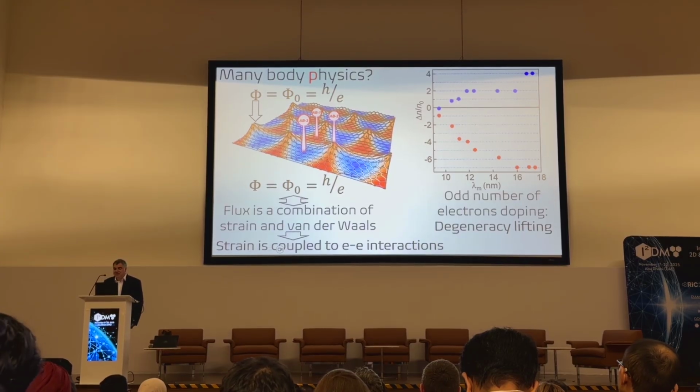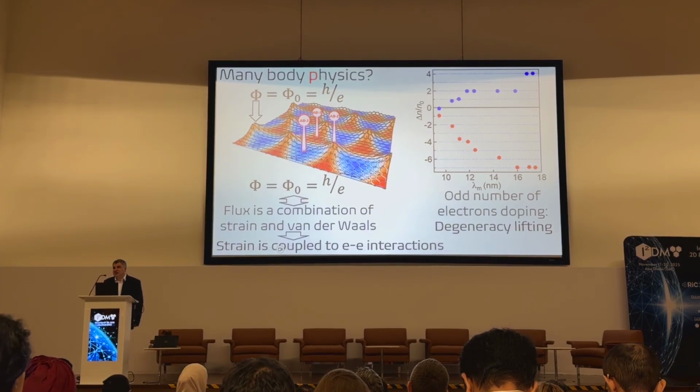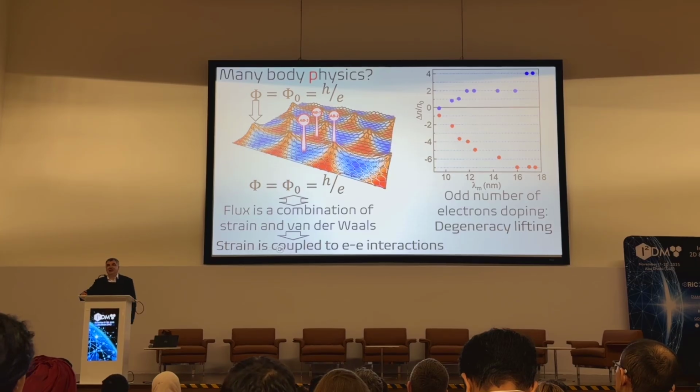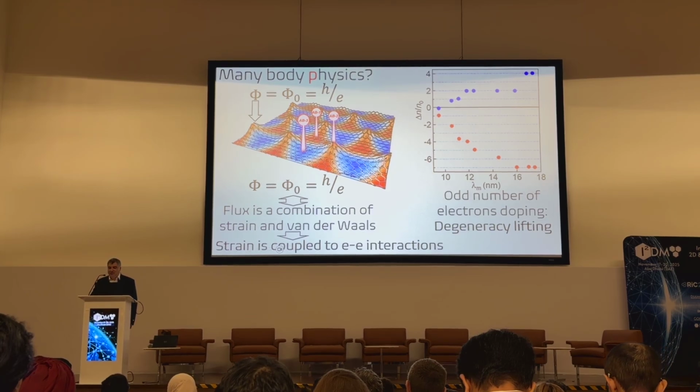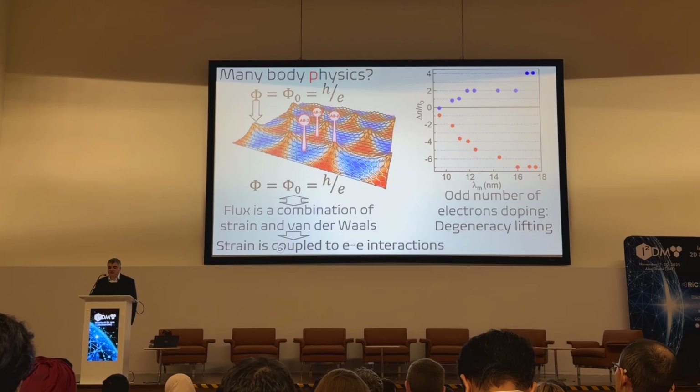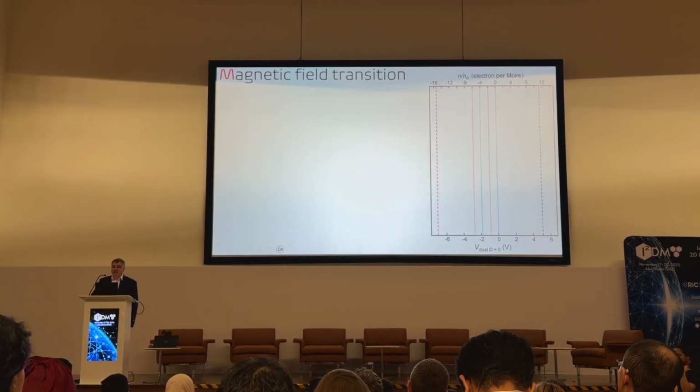But sometimes we see quite robustly an odd number of electrons. That's something which we don't understand, but that's probably another level of electron-electron interaction being reproduced there, because it's something which can lift the spin degeneracy.